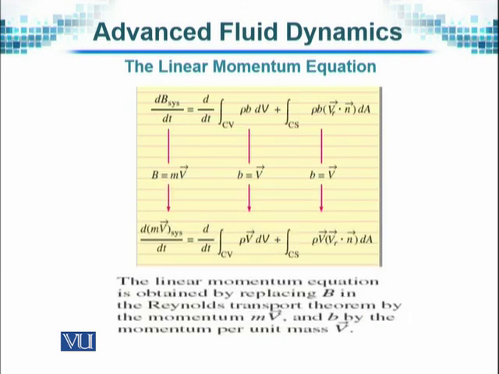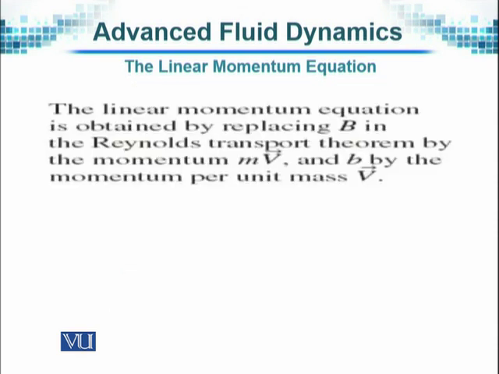We make use of the Reynolds transport theorem that we discussed some time ago, with exactly the same methodology. The linear momentum equation is obtained by replacing B in the Reynolds transport theorem by the momentum mv. So momentum is defined as mv, and capital B is replaced by small b, the momentum per unit mass, v.